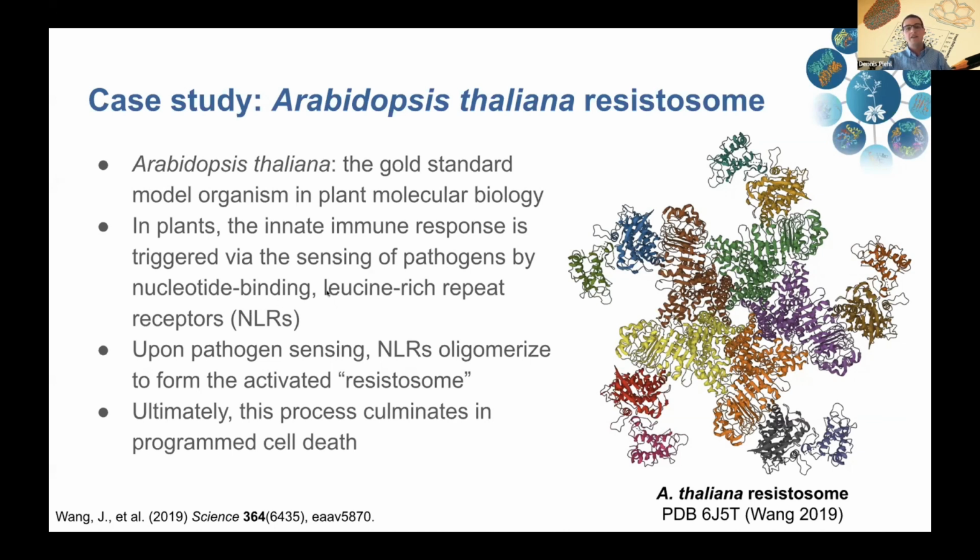Upon the sensing of these pathogens, these receptors oligomerize into a pentamer, which forms the fully active resistosome as illustrated. Ultimately, this process culminates in cell death. The working hypothesis for how that happens is that this resistosome may embed itself into the plasma membrane of the cell and then create a pore, thus disrupting the plasma membrane.